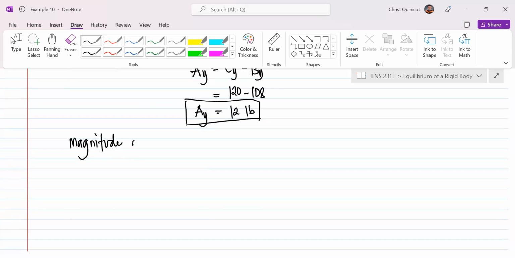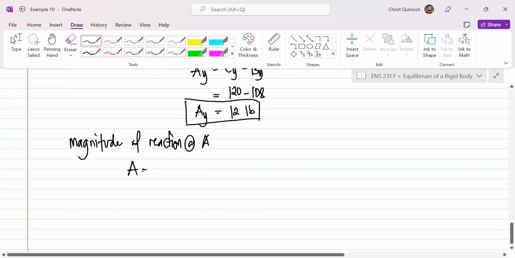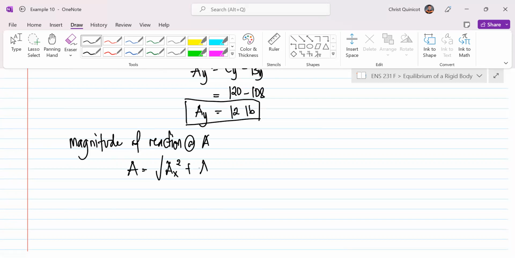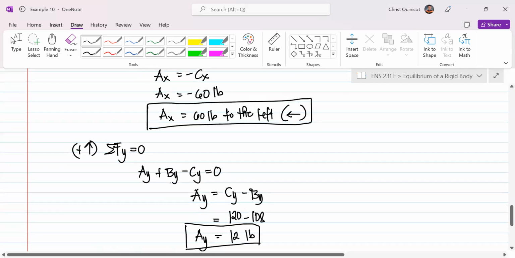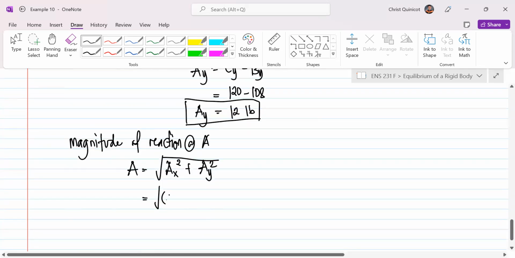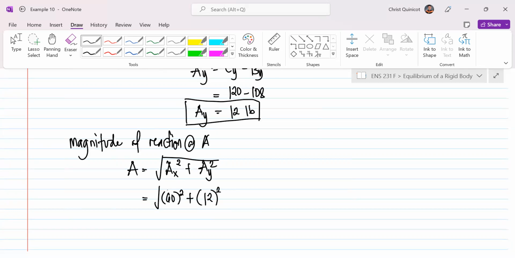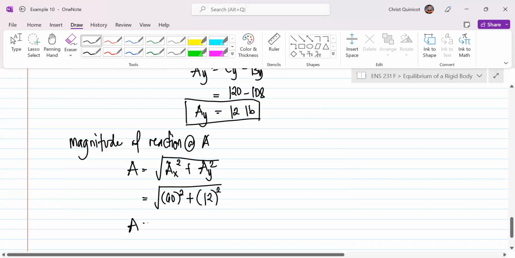So our magnitude of reaction at A is equal to the square root of A sub x squared plus A sub y squared, is equal to the square root of 60 squared plus 12 squared.